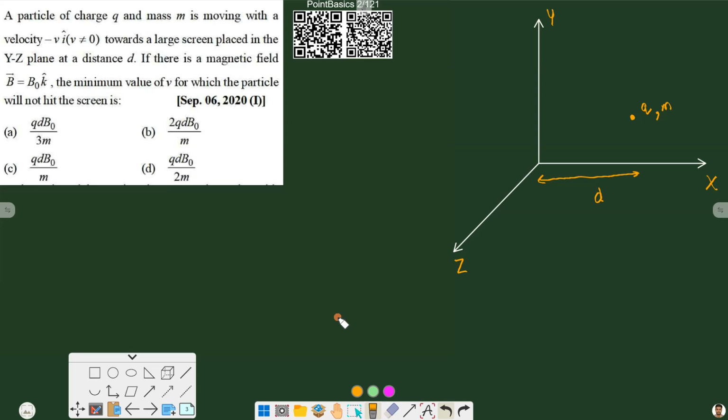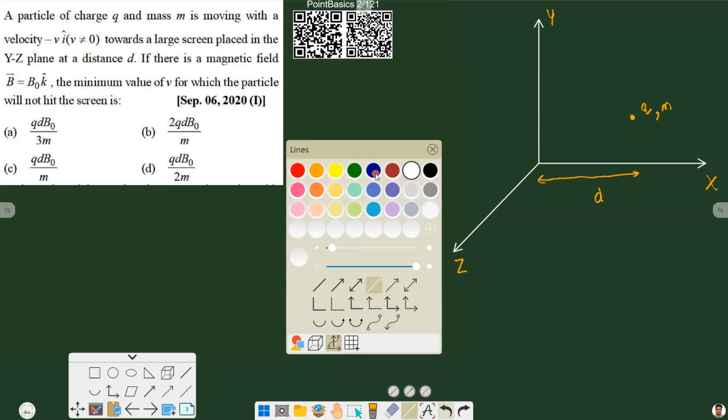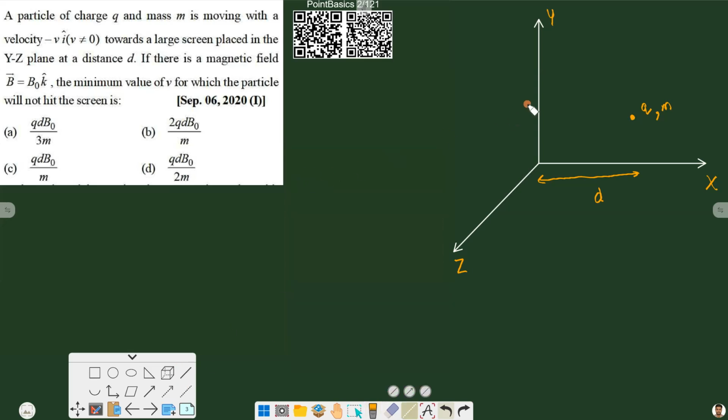And we have a screen here, so let's draw the screen. Okay, we have to make it slightly.